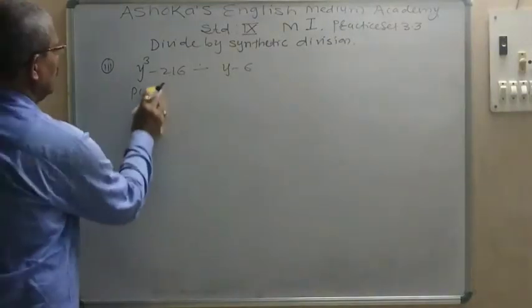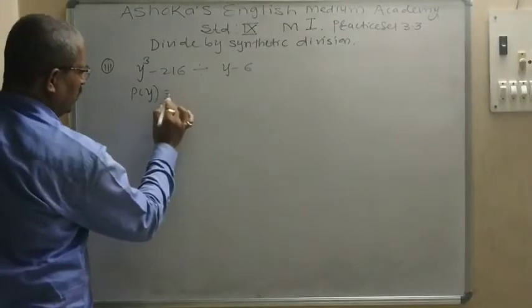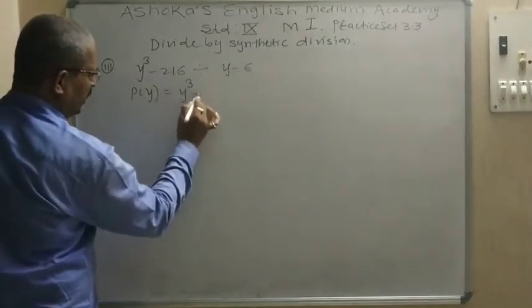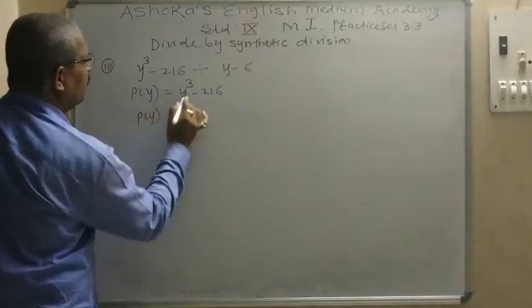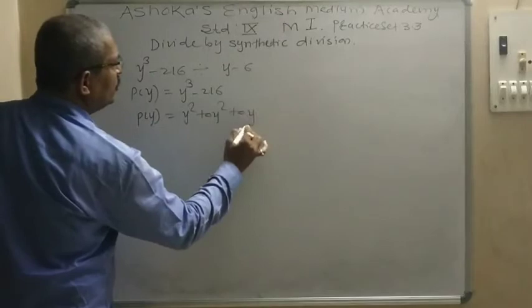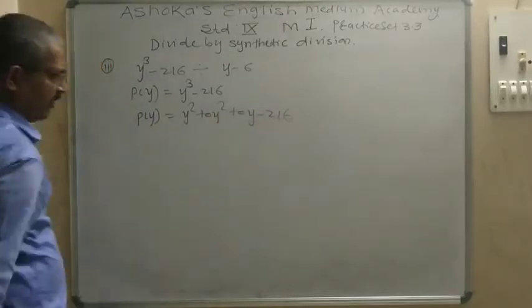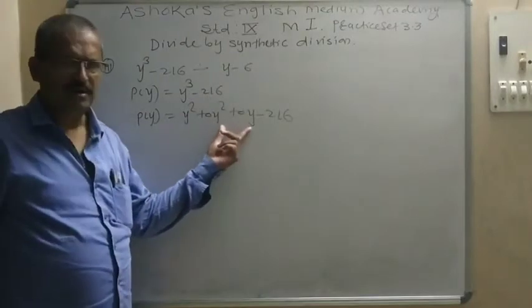Variable is given to us of y. So Py is equal to y raised to 3 minus 216. It is not given in standard form, so y cube plus 0y square plus 0y minus 216. Those terms are not given, that terms are here taken.